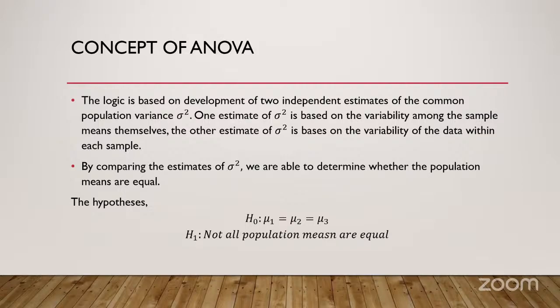Whenever we are dealing with analysis of variance, the quantitative way of stating the null hypothesis is that the mean of all populations, all groups being tested, are the same.